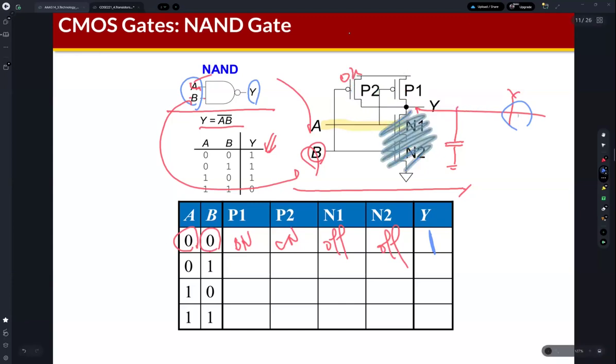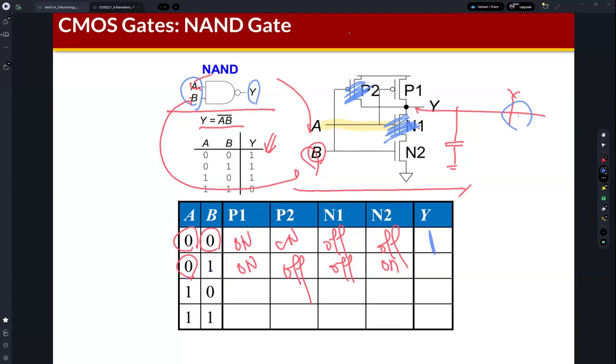So we can easily check the other transistors. So 0, 1: this is on, but this is off. And then N1 is off because it's 0, and N2 is on, right? Then what will happen? In this case, P2 is off, disconnected, and N1 is disconnected, right?